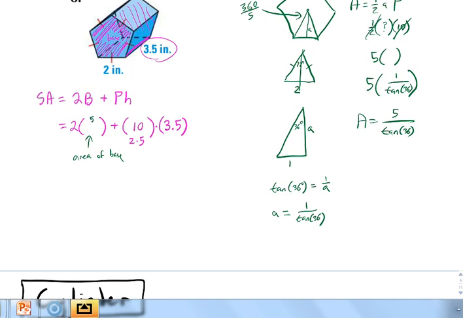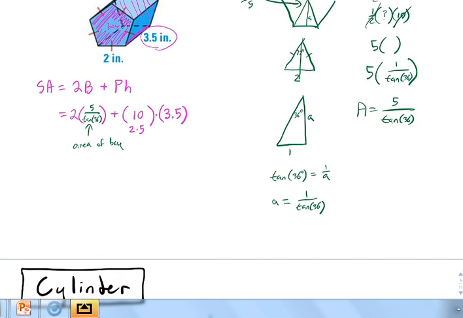Going back over here, that's 5 over tangent of 36. It's not going to get much simpler. I'll simplify it a little bit, but that's going to be 10 over tangent 36 plus 10 times 3.5, which is 35. And then you could approximate that if you want. I'm going to leave that as an exact answer. You could punch that into a calculator.